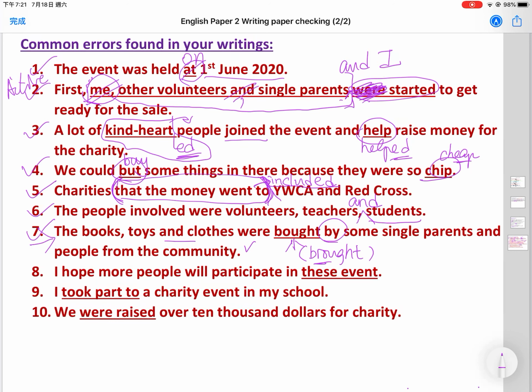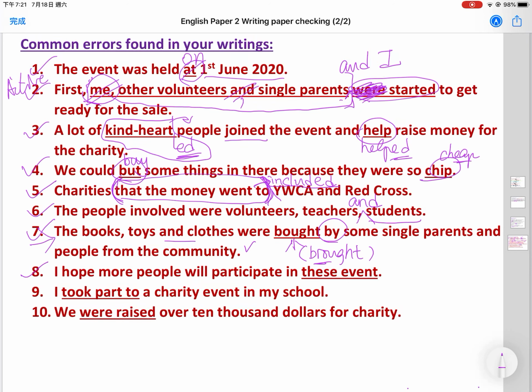But when you just look at this sentence, this is a very good sentence. Yeah, very good passive voice sentence. Okay, and then number 8.